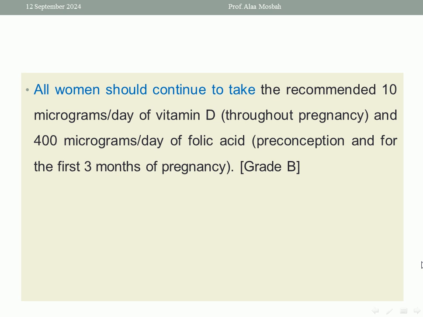Women should continue to take the recommended 10 micrograms per day of vitamin D throughout pregnancy and 400 micrograms per day of folic acid pre-conception and for the first 3 months of pregnancy. However, we cannot guarantee that these doses of vitamin D and folic acid can prevent preeclampsia or placental dysfunction; up till now it is uncertain.